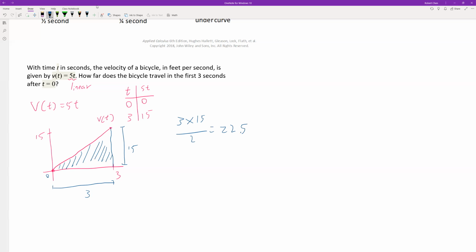That's the area under the curve. The area under the speed curve, or the velocity curve, gives us the distance traveled. So 22.5 feet will be the distance traveled in the first 3 seconds.